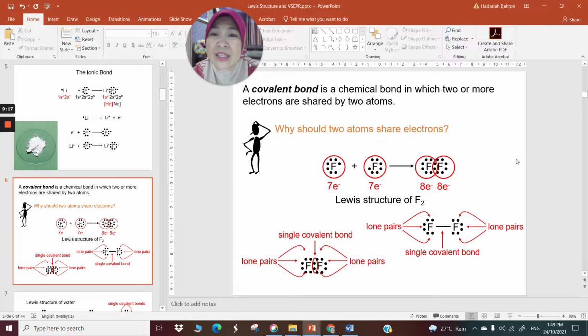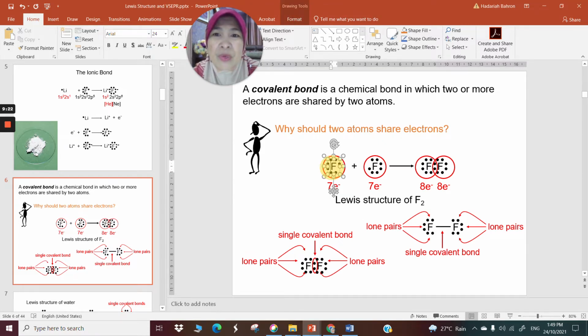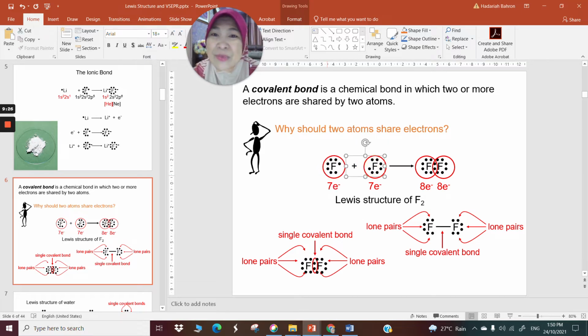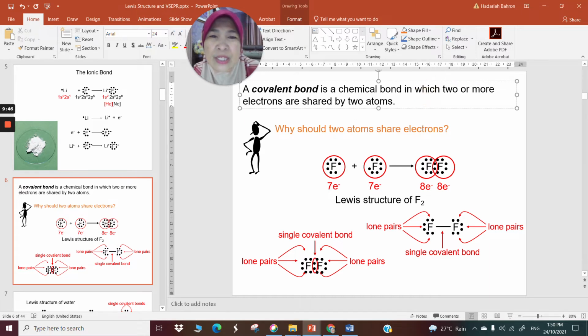Practically, if you are making one fluorine bond with another fluorine, the difference in Pauling electronegativity value will be exactly 0 because they are the same atoms. So you know that the bond formed is a covalent bond. A covalent bond is a chemical bond in which 2 or more electrons are shared by 2 atoms.